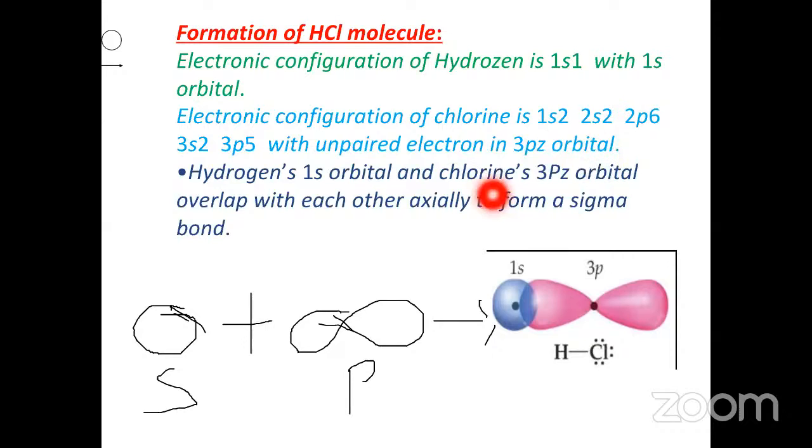So the 1s orbital of hydrogen and the 3pz orbital of chlorine overlap axially to form a single bond, thus forming the HCl molecule. The sigma bond is formed.